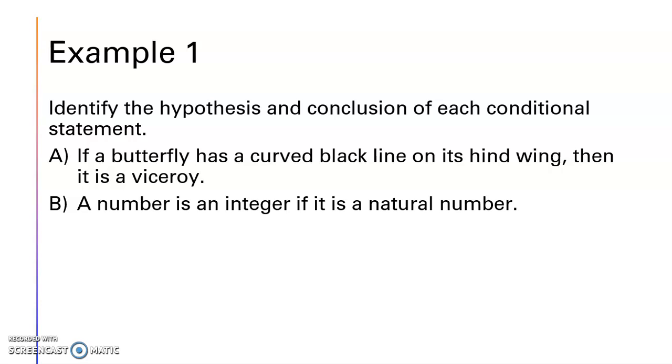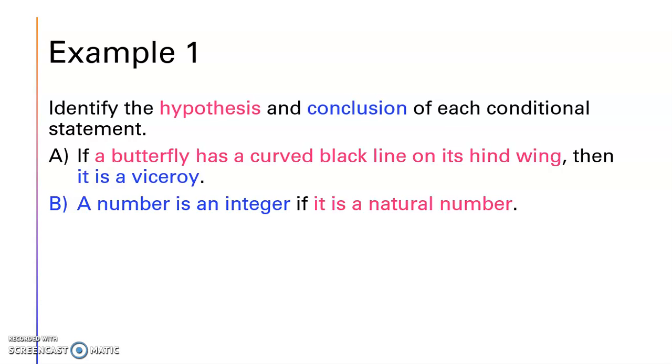And in part B, it says a number is an integer if it is a natural number. So pause the video, see if you can figure out which statement is the hypothesis and which one is the conclusion, and then press play to check your answers.